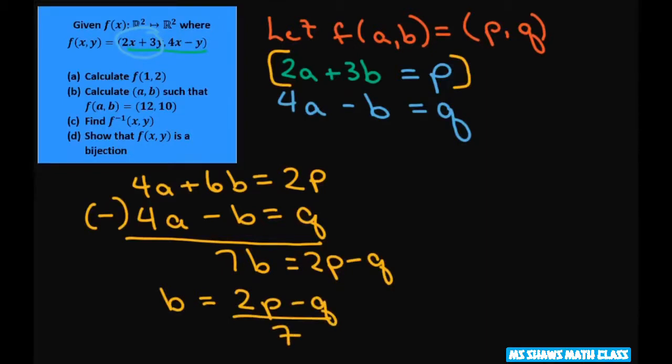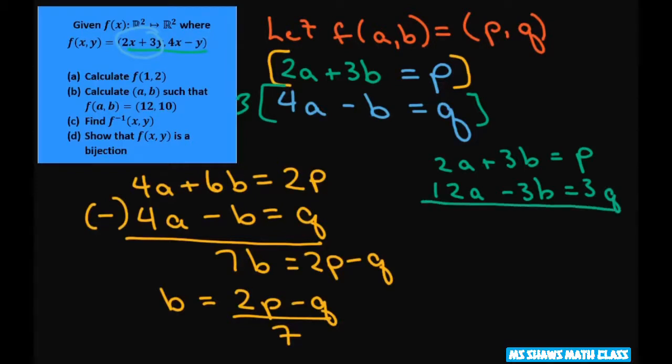Now do the same thing to solve for a. We're going to eliminate the b, so I'm going to write my 2a plus 3b equals p. Multiply the other equation by 3, so that gives you 12a minus 3b equals 3q. And just add these up, and you get 14a equals, these will cancel, p plus 3q.